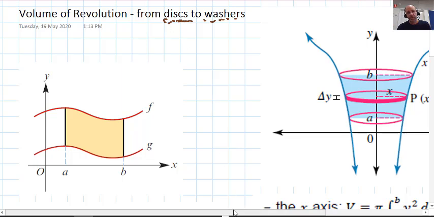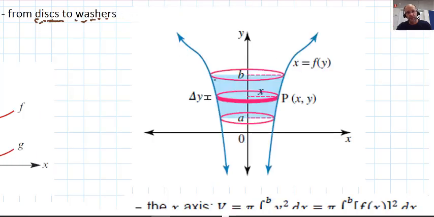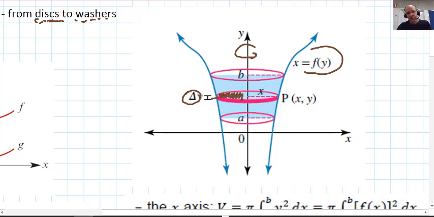If we have a look at the diagram here, which was treated in the previous video, we've got a rotation around the y-axis of a function. As we vary along y, we get an infinitely thin disk at each place, and those disks are basically cylinders.